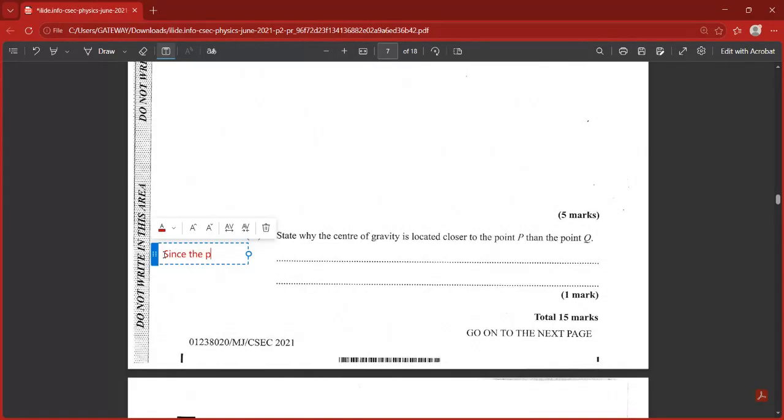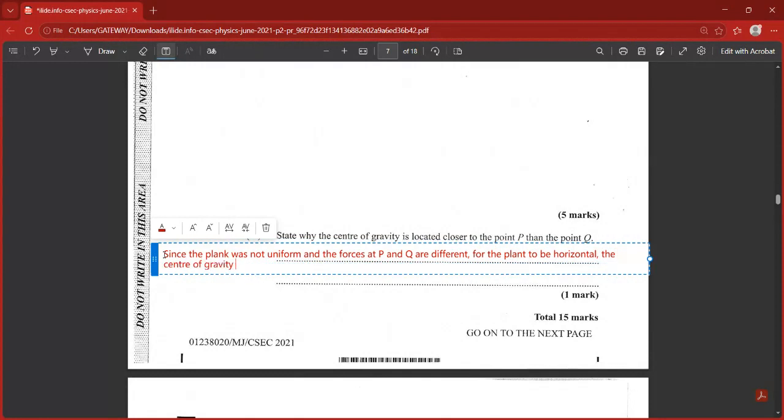Since the plank was not uniform and the forces at P and Q are different, for the plank to remain horizontal, the center of gravity should be, or is, closer to P.